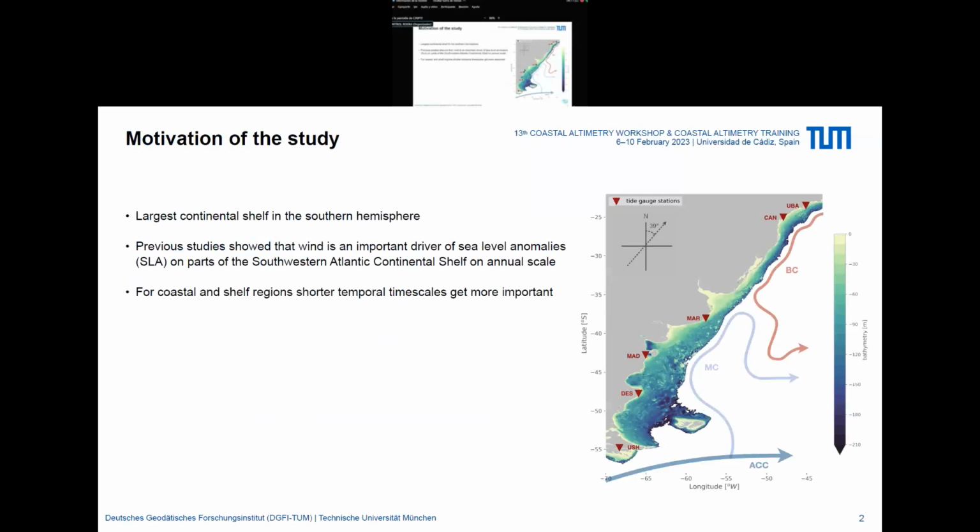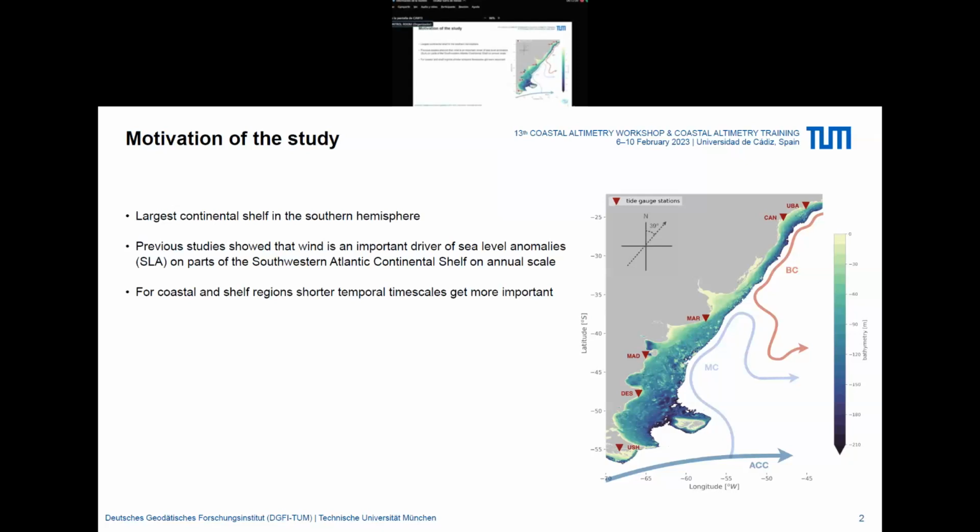First of all, welcome back to the southwestern Atlantic continental shelf after the talk of Laura in the morning. We are on the largest continental shelf in the southern hemisphere. In the figure of bathymetry, we see a very diverse study area. In the north we have a really narrow shelf, while in the south it is really wide.